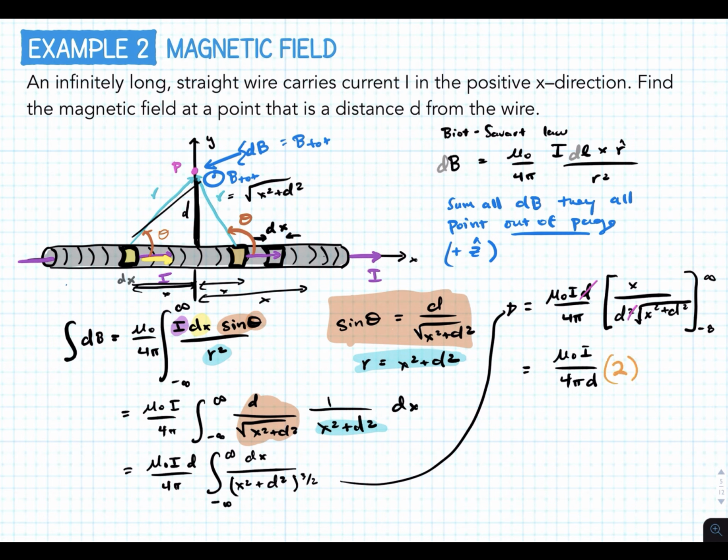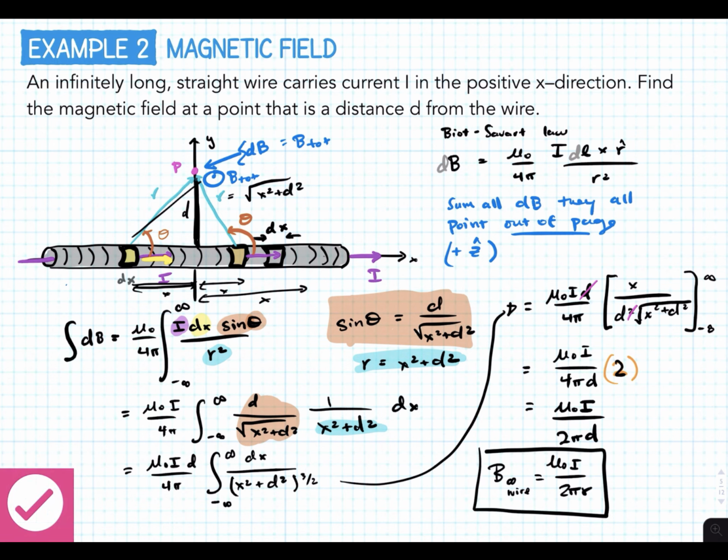So when we simplify that, that's going to give us mu naught I over 2 pi d. And that means B for an infinite wire is going to be mu naught I over 2 pi, I guess we'll call it R, and that's going to be, in this case, out of the page, but this is the more general, this one's out of the page. But in general, this is the magnitude of the magnetic field from a wire.